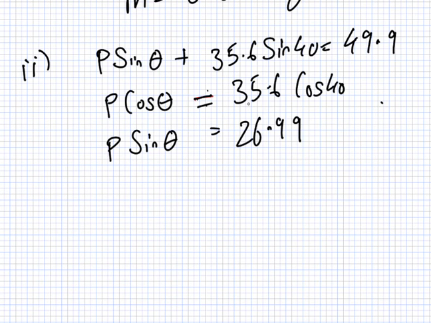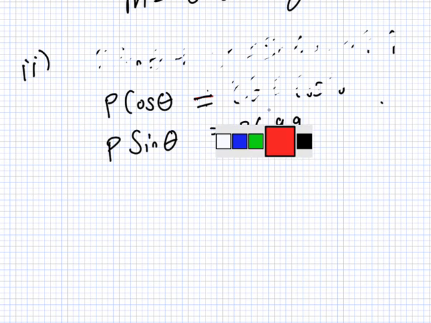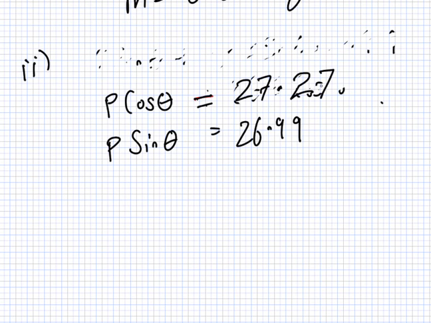And likewise in my second equation here, what is 35.6 cos 40, please? 27.3. Yeah, 27, well, I'll write 27.